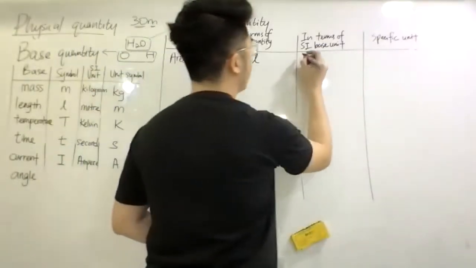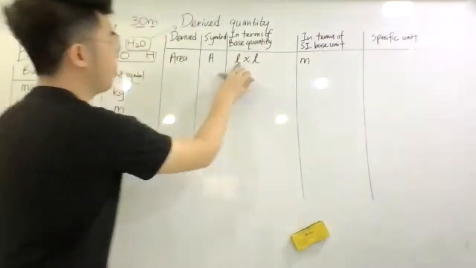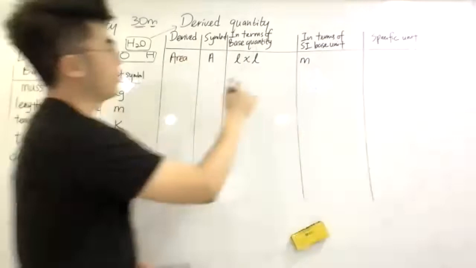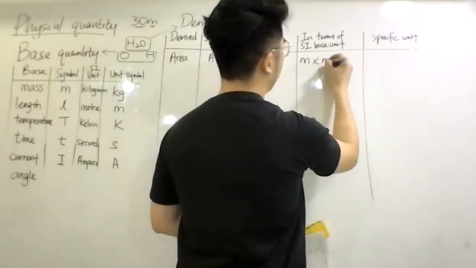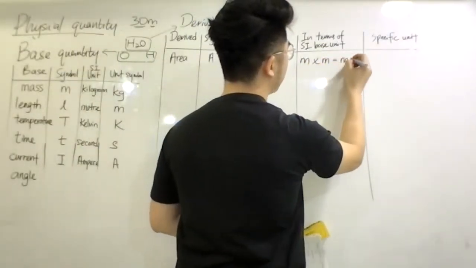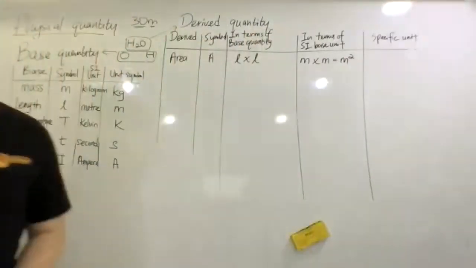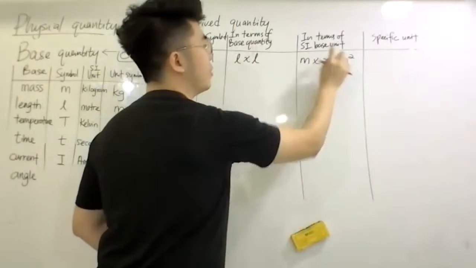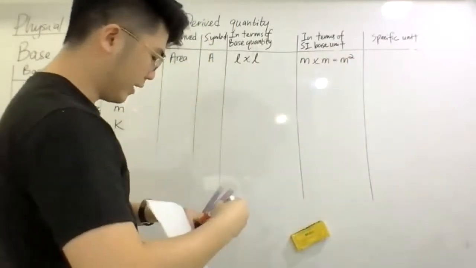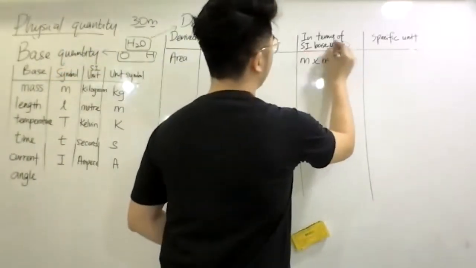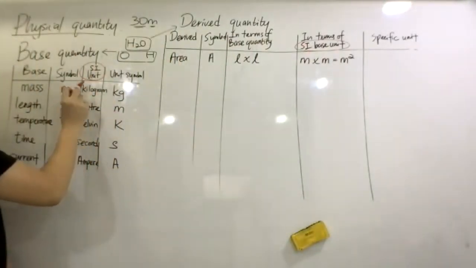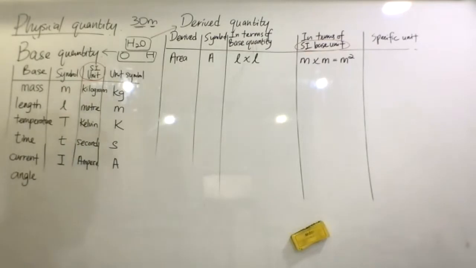Length, we change to meter. The unit for length is meter. You times together, you get m squared. So that m squared is the unit of area in terms of base unit. Again, when I say SI base unit here, it means this one must be from here.